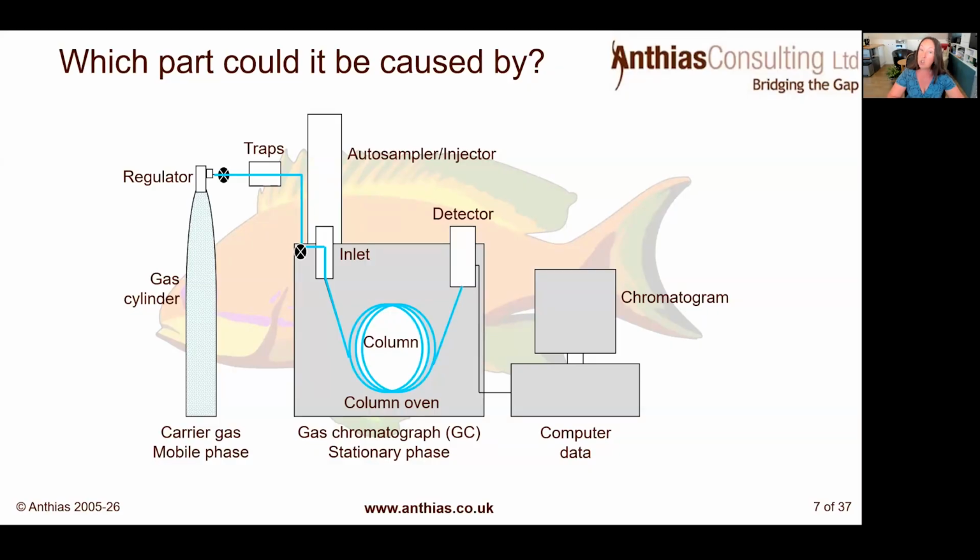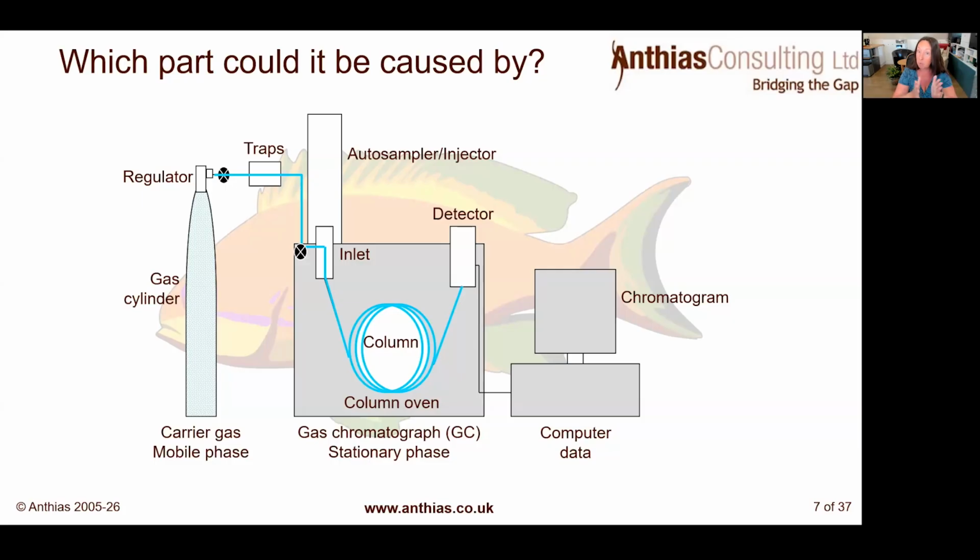If it is individual peaks of contamination, it's going to be our sample, our autosampler, or our inlet. How do we know? Because they focus at the head of the column to be peaks. Whereas if it's constant in the background, it could be our carrier gas, our column, or our detector. So we've got different things again. Just think about how it's all working.